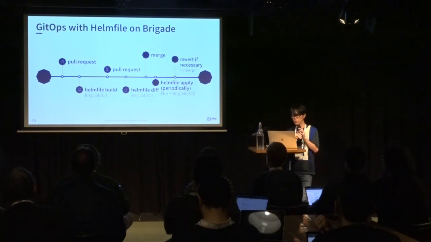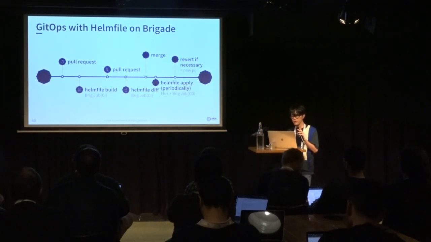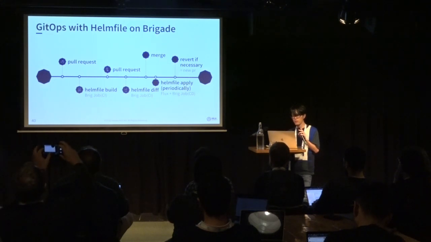Okay, so you can use any CI/CD pipeline system to implement this, but if you are using Brigade for building this pipeline, Brigade appears in several places. You send pull request, and Brigade runs Helmfile build, and it commits and pushes your git commit.